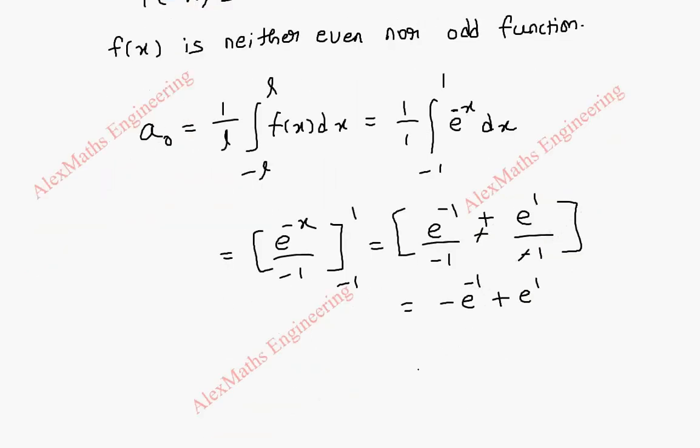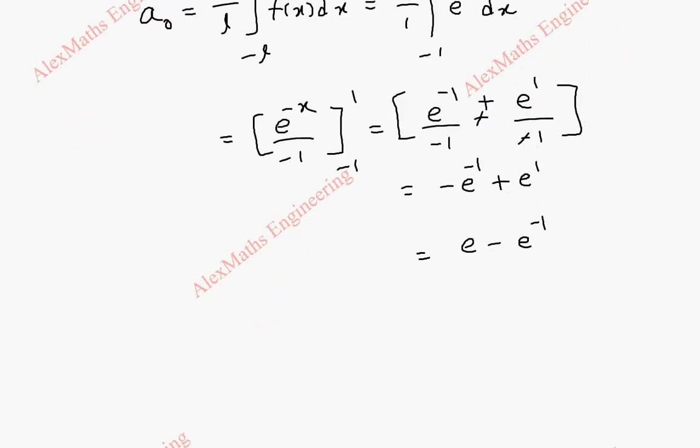So this can be rewritten as e minus e power minus 1, and we have a hyperbolic function formula, that is e power ax minus e power minus ax by 2 becomes sin h ax. But in this case ax is 1 here.